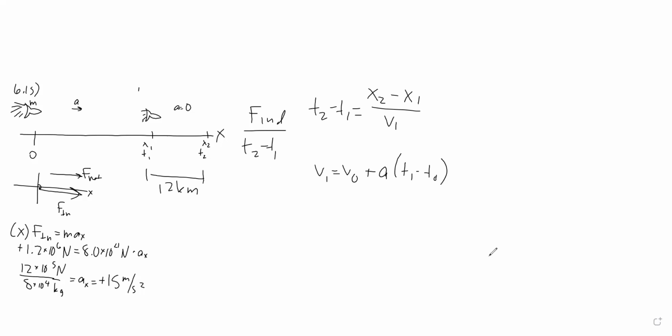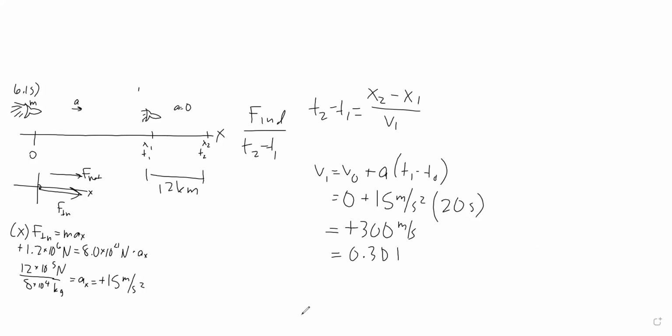So this is 0, starting at rest, plus 15 meters per second squared times 20 seconds, which is something you can do in your head. 15 times 2 is 30, so 15 times 20 is 300. So V1, the velocity of the rocket in this X direction after 20 seconds, is plus 300 meters per second, or if you like, 0.30 kilometers per second.